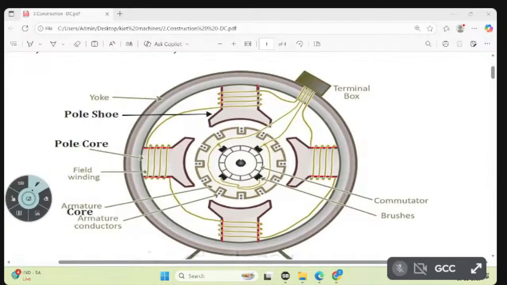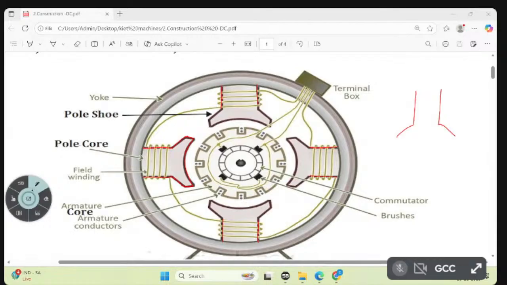It is a pole. Now see, this is called the pole shoe.